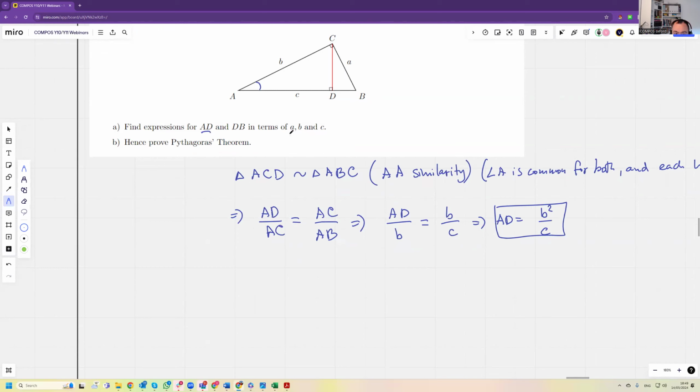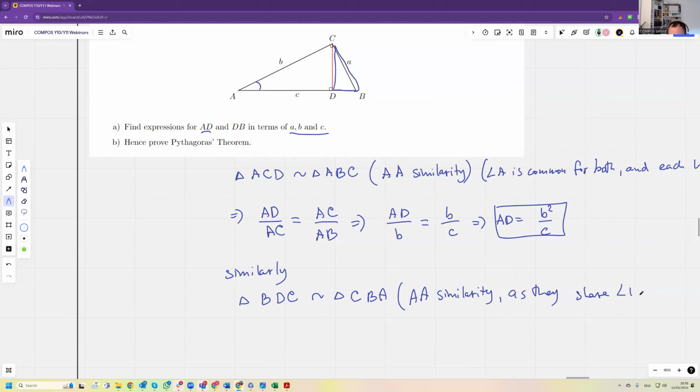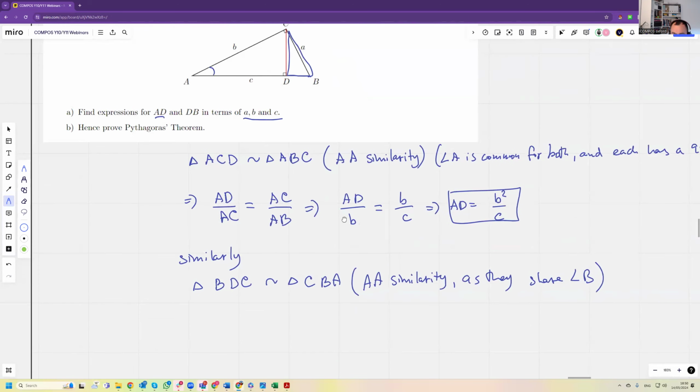That's what we need, AD in terms of a, b, and c. Now, similarly, triangle BDC is similar to triangle CBA by angle similarity, as they share angle B. So this small triangle and the big one share the angle B, and they're both right-angled triangles.